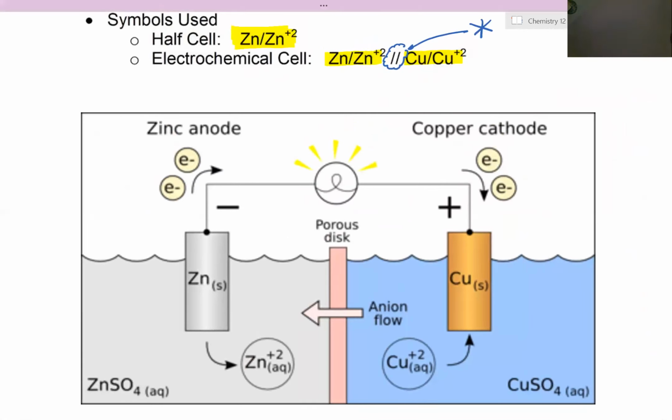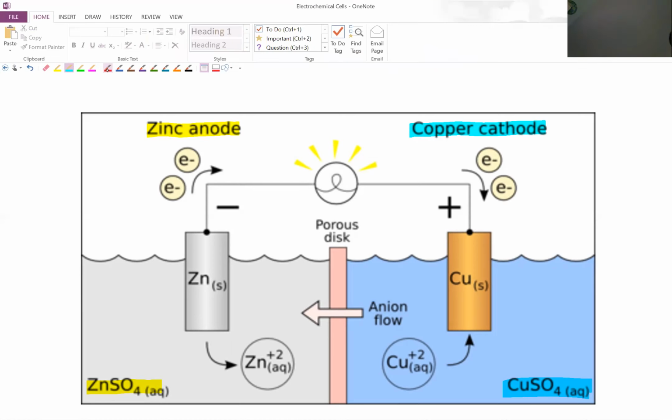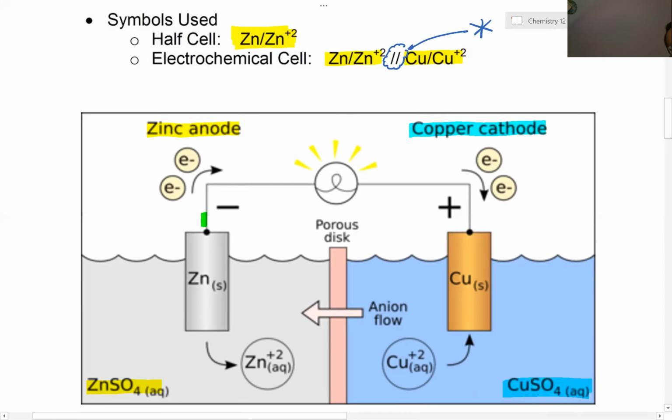Because in this case, you have your zinc and zinc solution. Here on the right-hand side, you have your copper and your copper solution. There's my 2 half cells. What happens is the electrodes, or the piece of metal, is connected by a wire, which is right here, and I'll just highlight that.